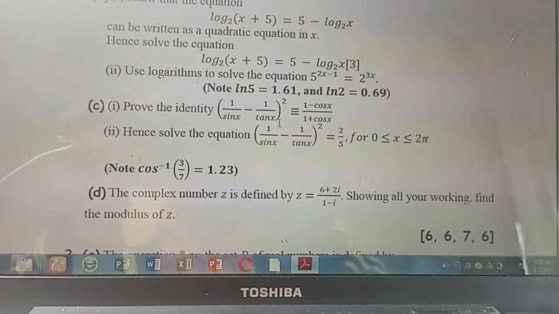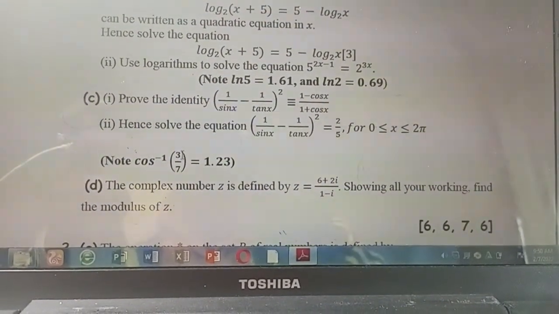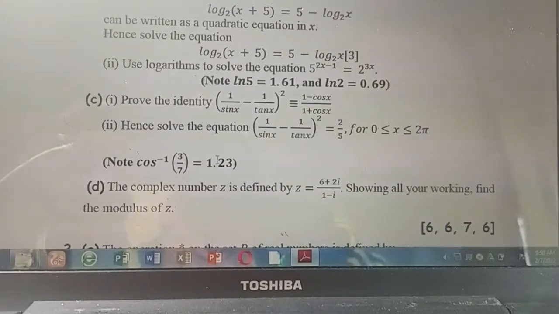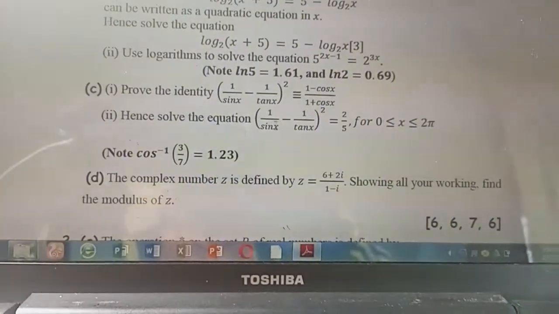Note that cos⁻¹(3/7) is 1.23, in radians rather than degrees.